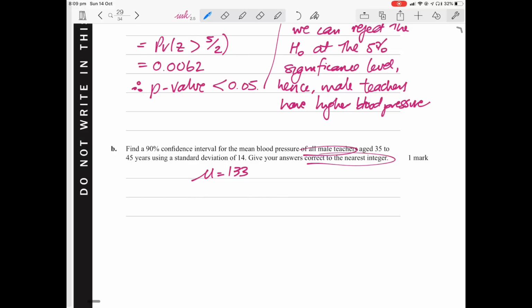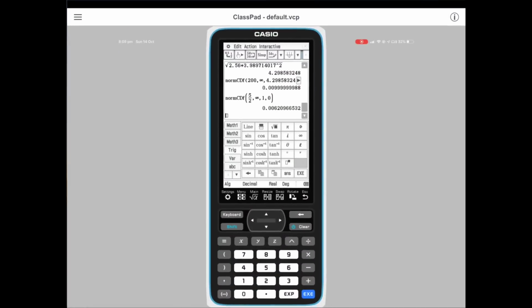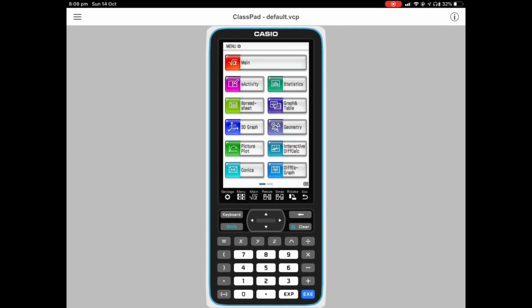So we want to try and work out what the population would be. So mu is 133, n is 49. Standard deviation is 14. 133, 49, 14. That's going to be right.